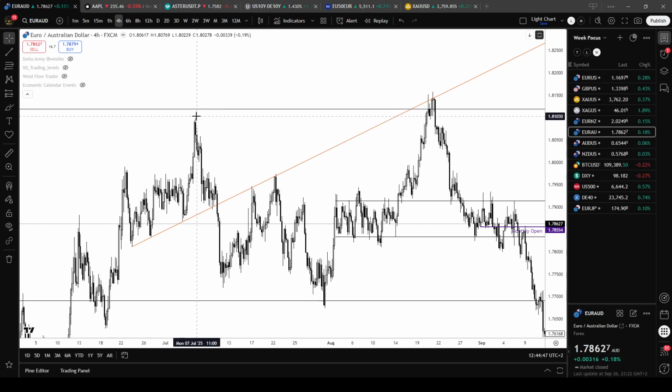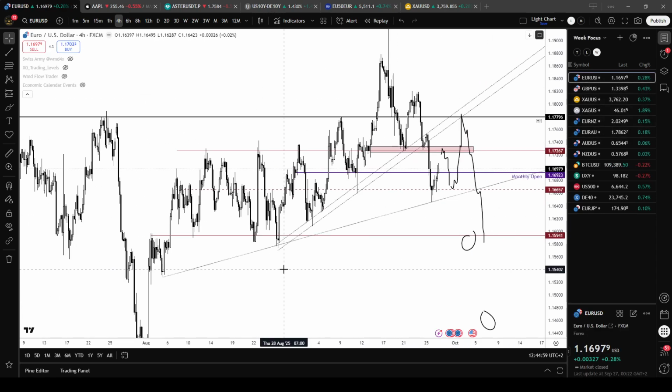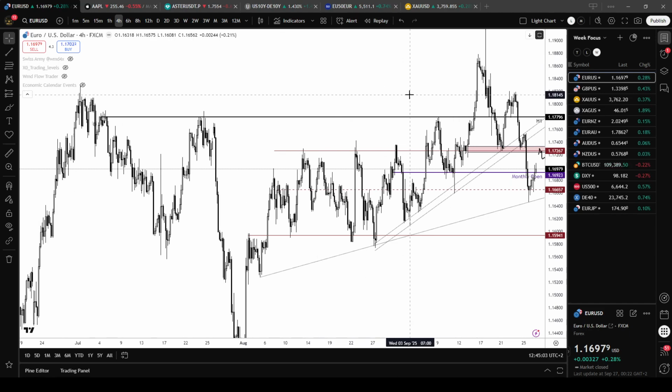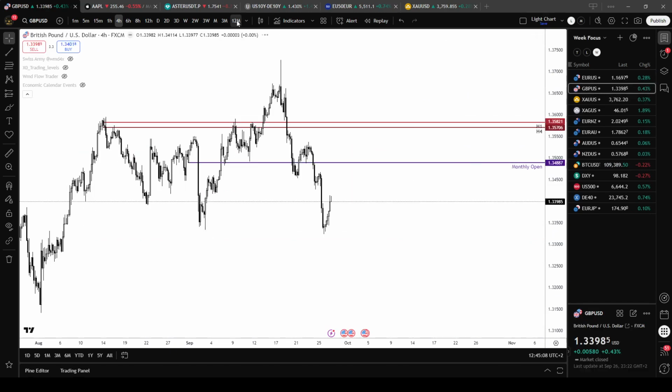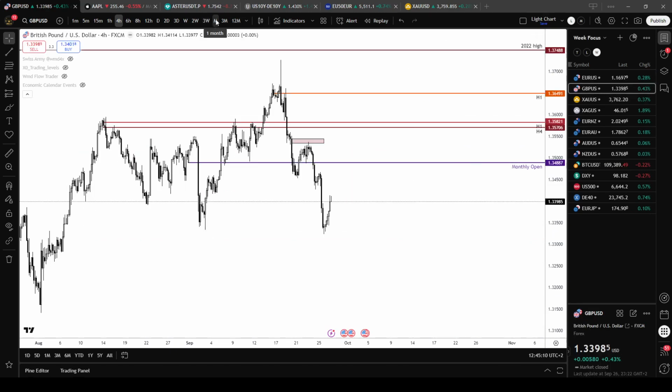You have your blow off top, break it below, and the retest from below. They are so clean, so clean. So I'm expecting something similar on Euro USD. So that being said, let's move on to the pound.